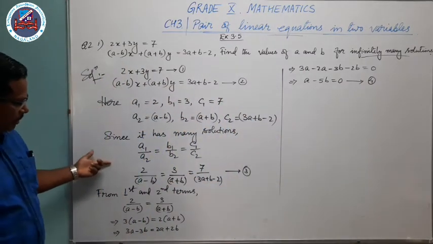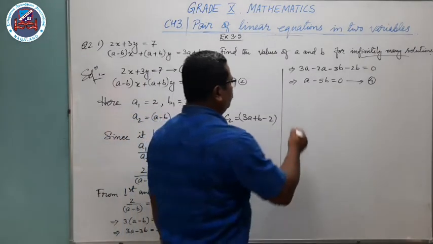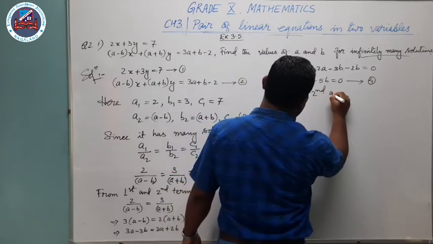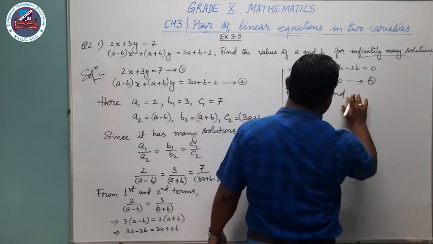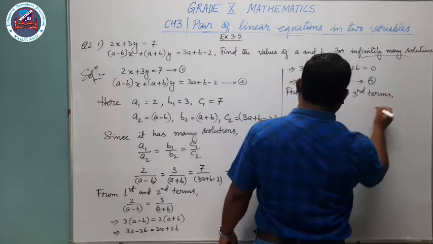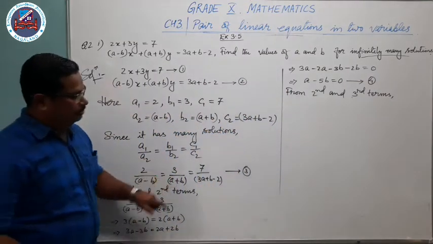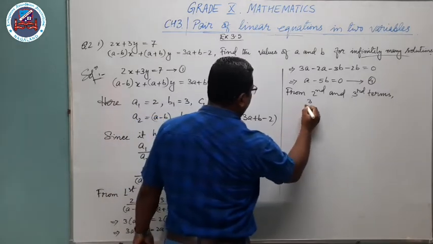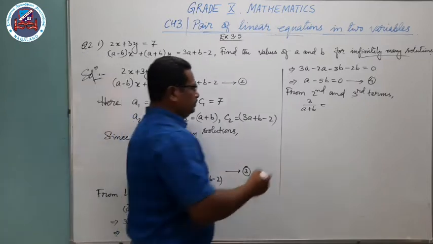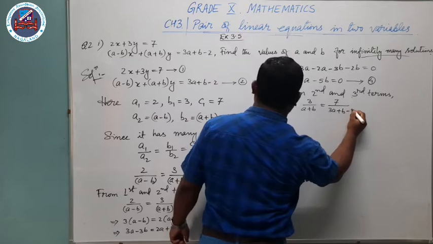Now choose any two terms. Suppose the second term and then the third term, from the second and third terms. The second term is 3 by a plus b, and the third term is 7 by 3a plus b minus 2.